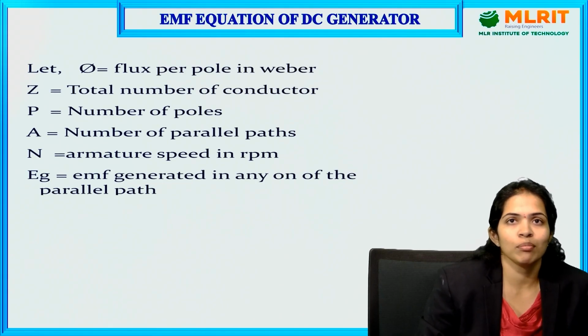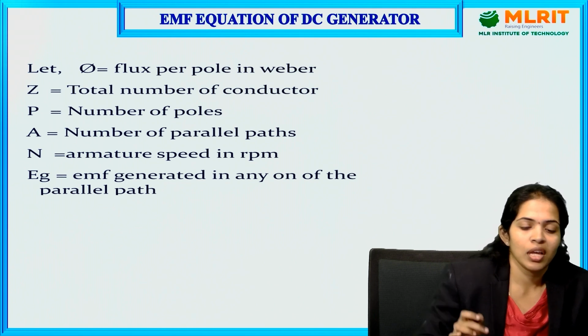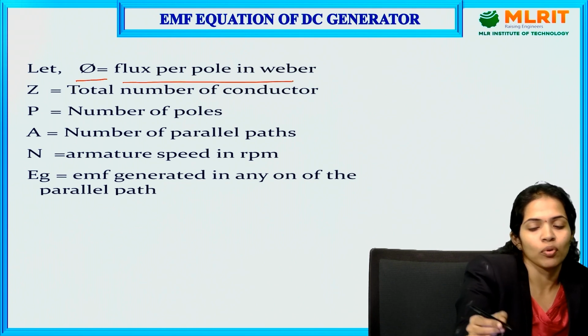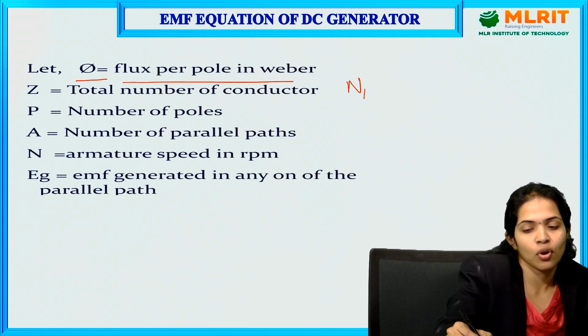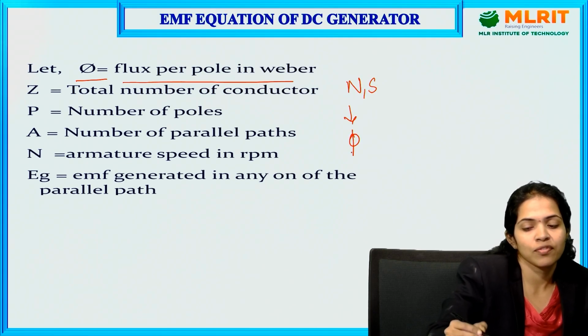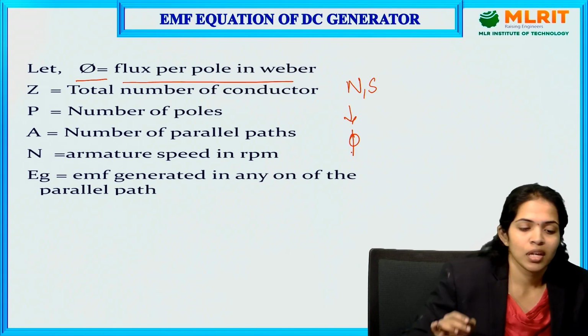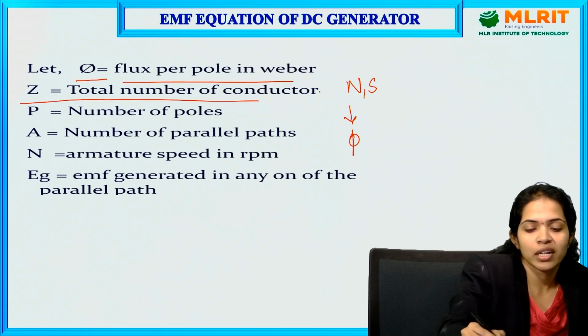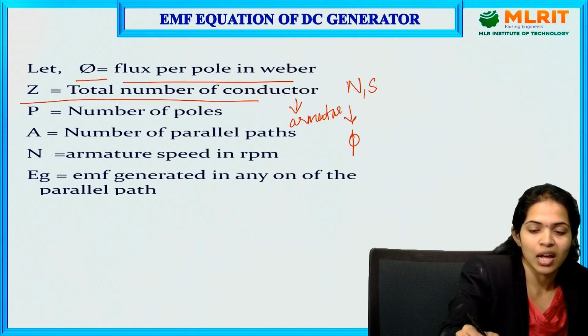Moving on to the EMF equation of a DC generator, let us consider phi as the flux per pole. If we have two poles, north and south, let us consider phi as flux per pole in Webers and the total number of conductors as Z. Total number of conductors are the conductors in the rotating part of the DC generator, which is the armature.